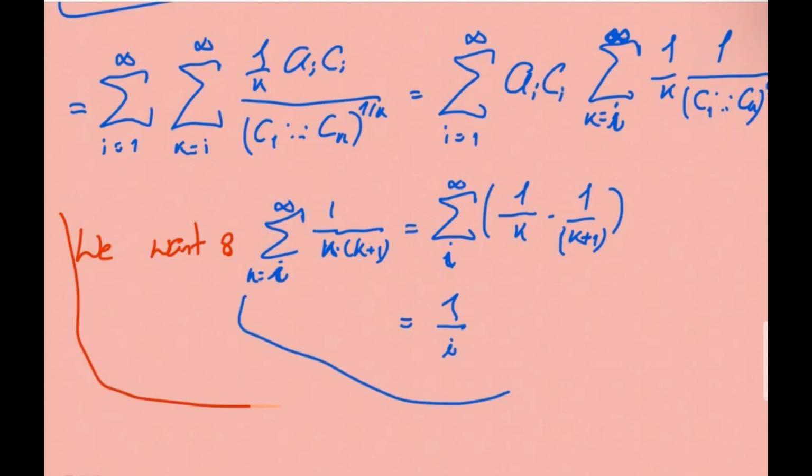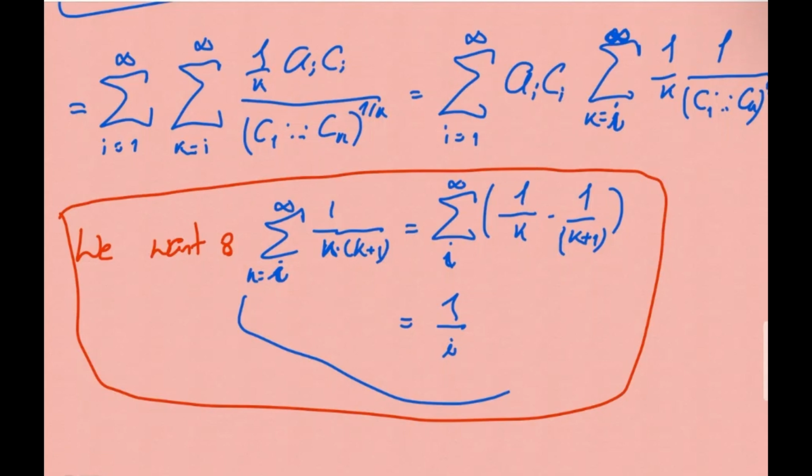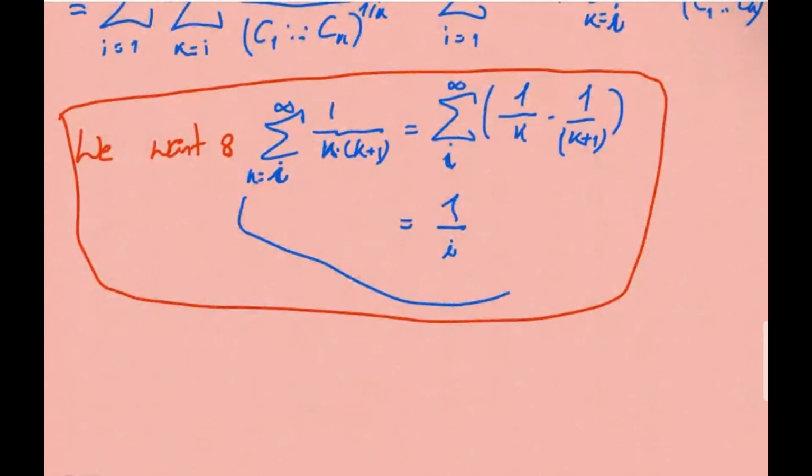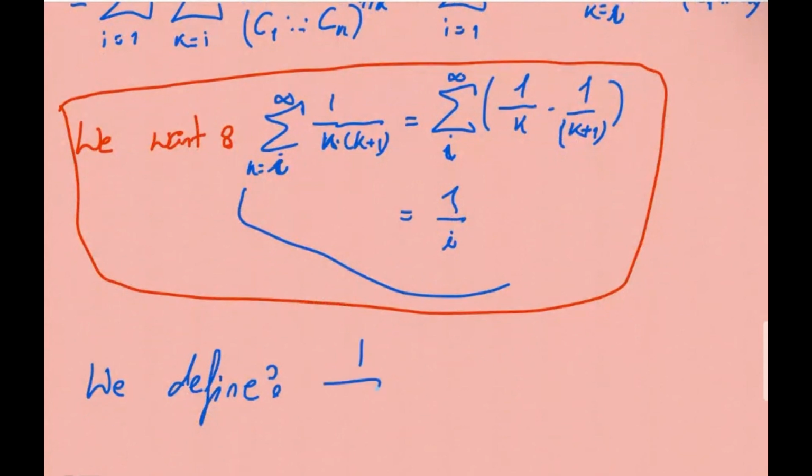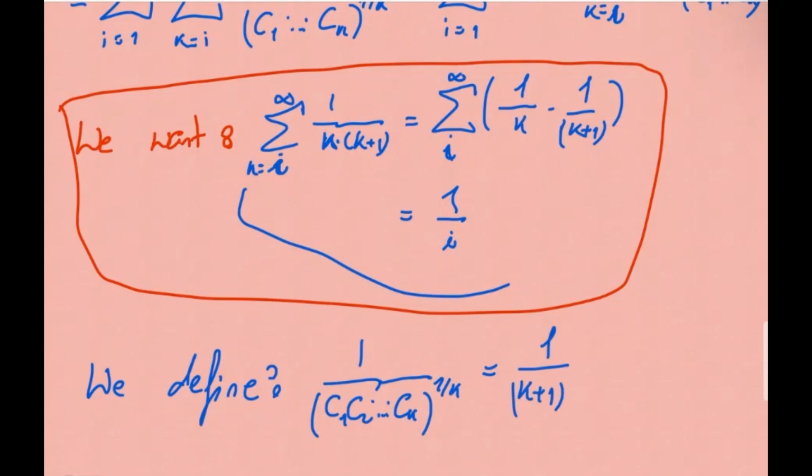Now, to impose this condition, we could just enforce it and say, okay, we define 1 over (c_1, c_2, ..., c_k) to the power of 1 over k to be equal to 1 over k plus 1. So we can do this because these c_i are all unknown.